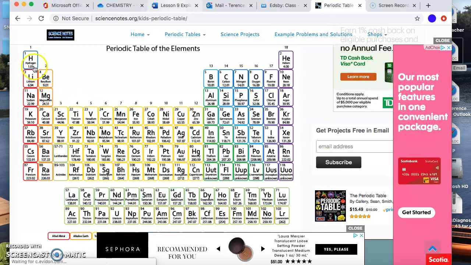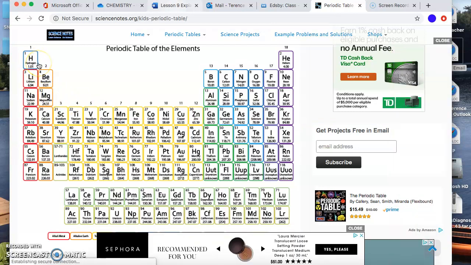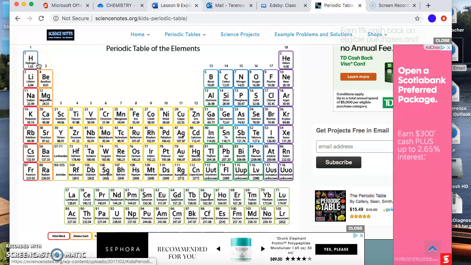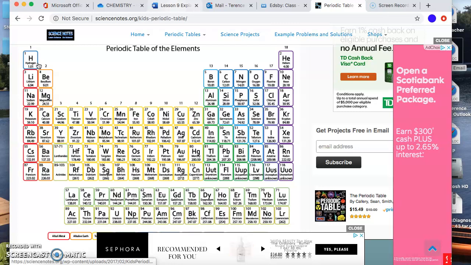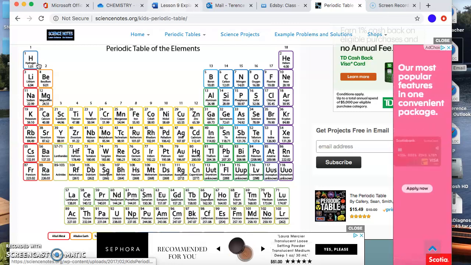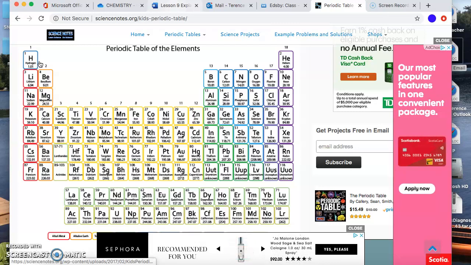The weight of an atom is made up of, if you recall, protons and neutrons. Each has a value of 1. Electrons, while they do have weight, it's so small and insignificant that in grade 9 we just ignore it.